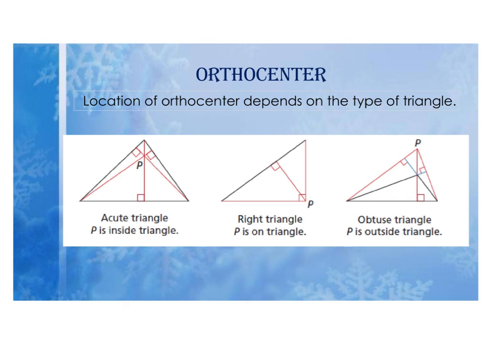It's hard to look at it straight up and down and say, here's the altitude, here's the other altitude, here's the third altitude. If you can visually see it straight up and down, all the power to you, but I like to rotate my images. All right, so that's where an obtuse triangle meets up, that's where a right triangle meets up, and that's where an acute triangle meets up. Orthocenter.